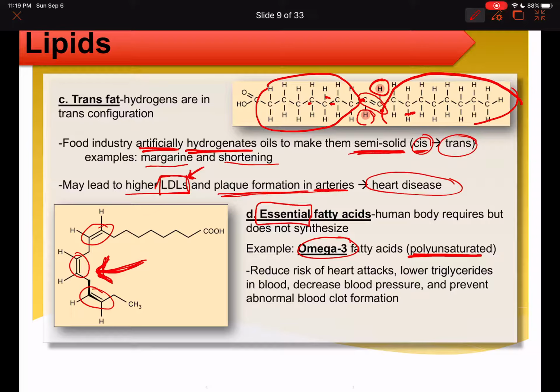Okay, they can help to reduce the risk of heart attacks, lower triglycerides in blood, decrease blood pressure, and prevent abnormal clot formation. Okay. So notice that we didn't put energy storage there. Okay, they somehow help the body stay healthy this way. Okay, with all these polyunsaturated fats.